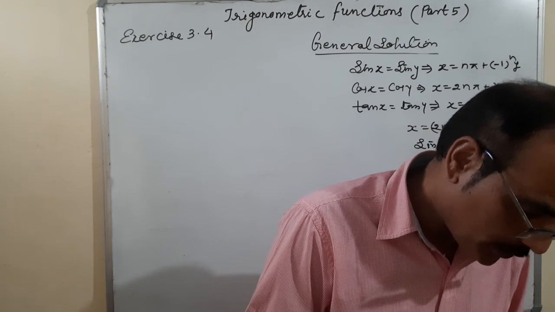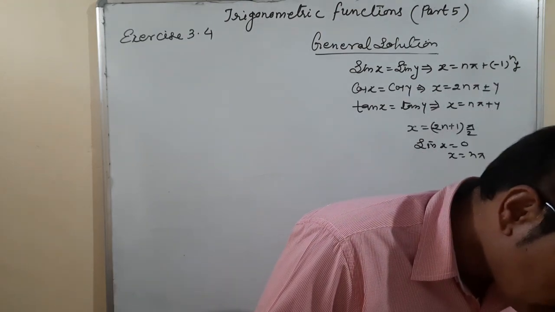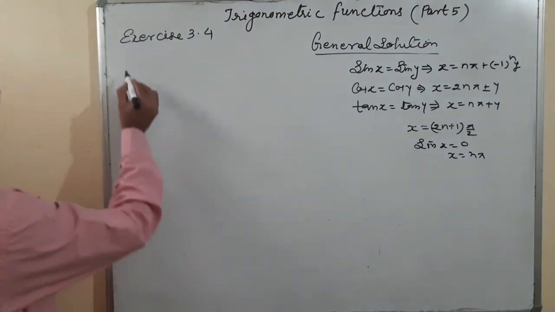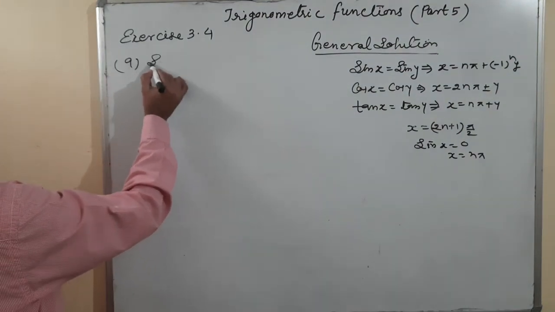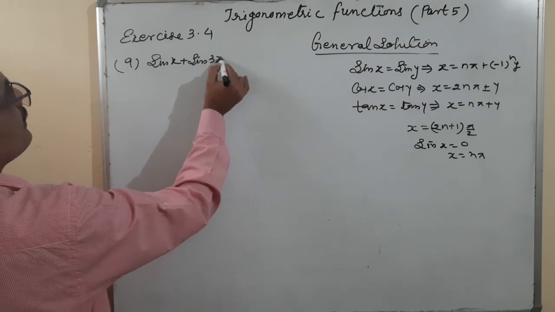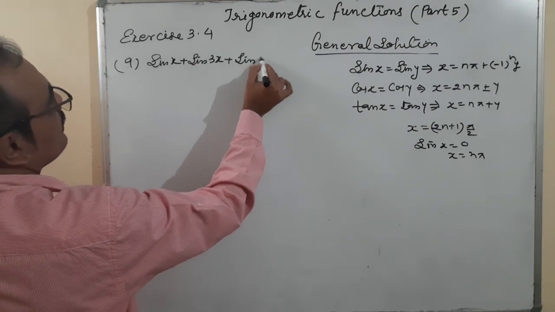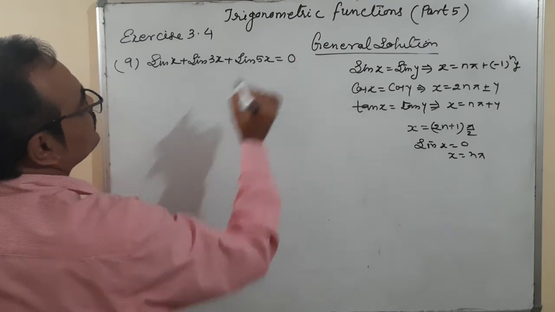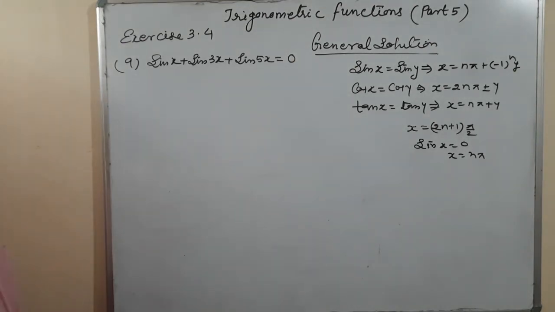Question number 9, I want to take it: sin x plus sin 3x plus sin 5x is equal to 0. How to solve it?